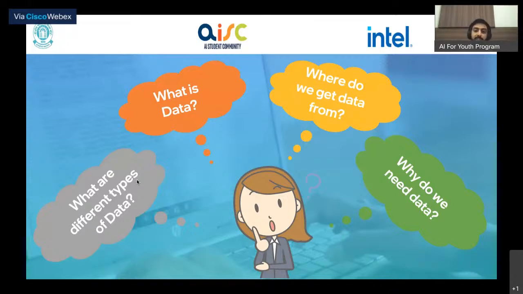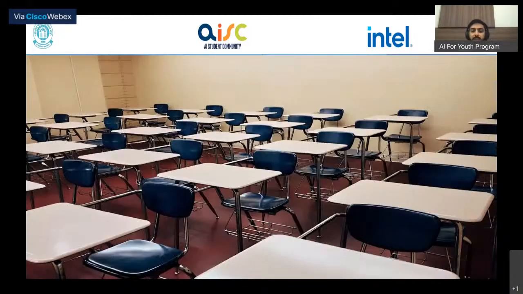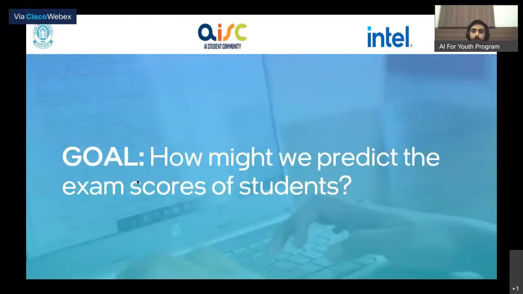All right. So let's take a look at it in the form of an example. Look at this image. I'm sure you must have got a brief understanding of which problem we are trying to look at here. So the problem that we are trying to solve is how might we predict the exam scores of students? So if you want to predict your next exam score, how might you do that? What data features do you require in your data set to be able to make such predictions?